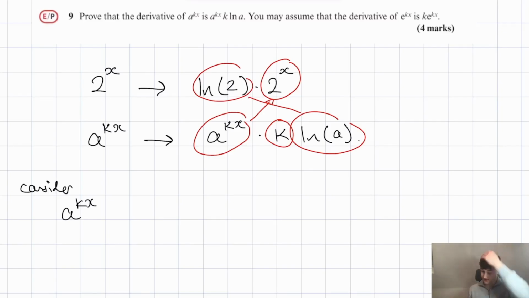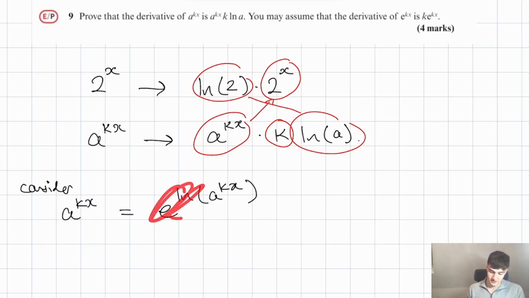So a to the kx is just e to the natural log of a to the kx, right? Because this does nothing. E to the natural log of anything is just the thing inside of the natural log. We're just writing it in a nice way so that we can now use properties of logs to bring that out to the front. So that's going to give us e to the kx natural log of a.